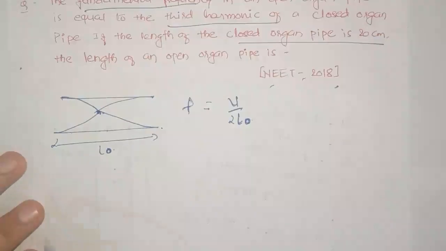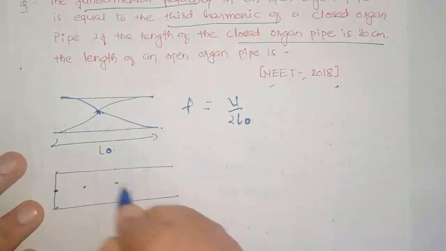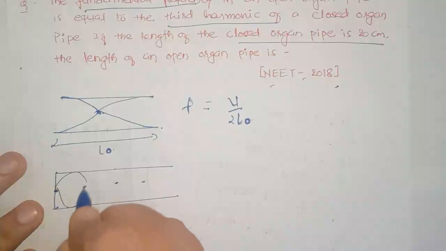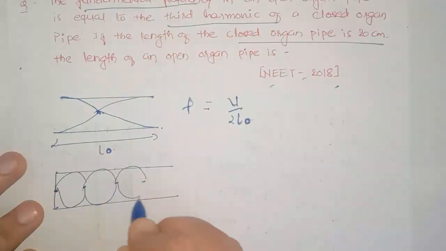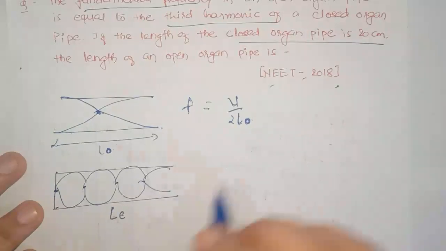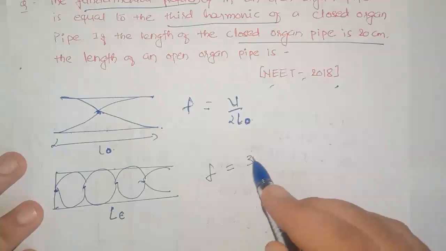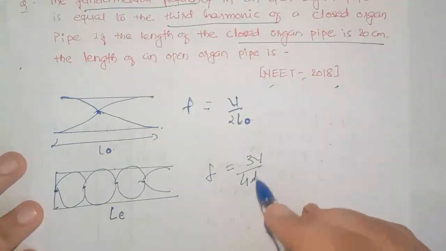Now it is matching with the third harmonic of closed organ pipe. That will be F is equals to 3V by 4L.